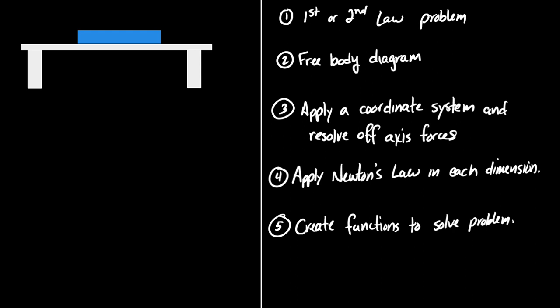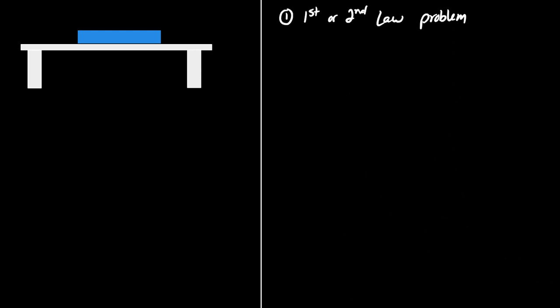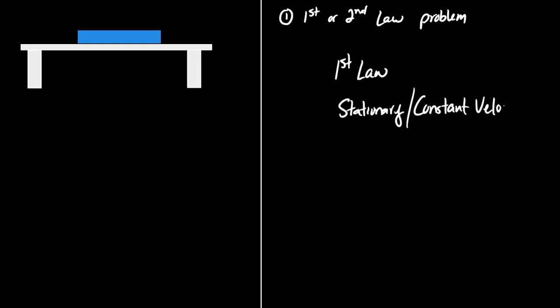Your first job, and the first thing on the list, is to decide whether this is a first law problem or a second law problem. Yesterday we indicated that first law problems are either stationary or traveling at a constant velocity, and that would force us to use Newton's first law.